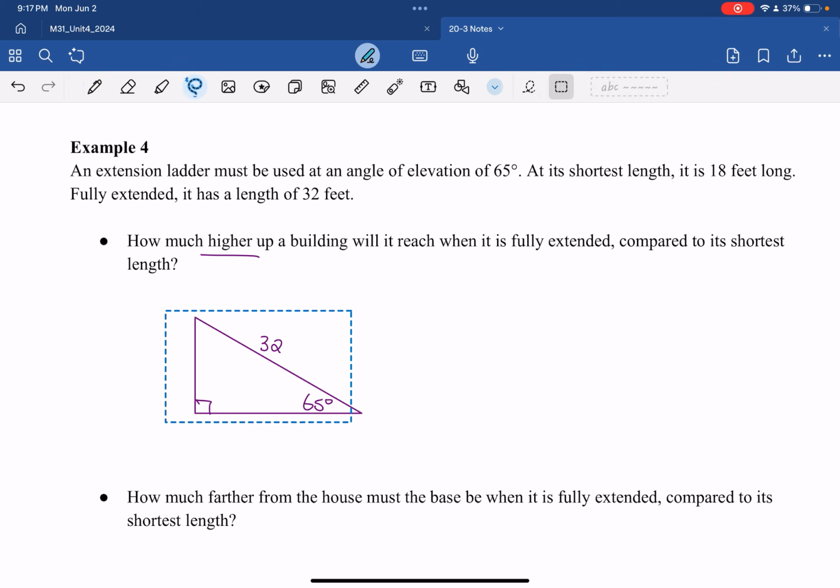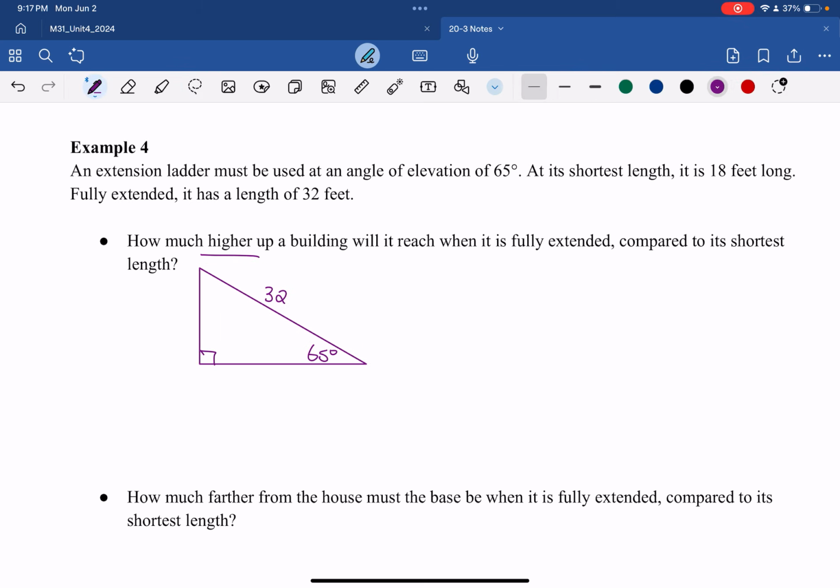And if I draw this in its shorter position, my drawings won't be the most accurate here. So this still has to be 65, and this has to be 18. It's asking how much higher up the building will it reach when it's fully extended.